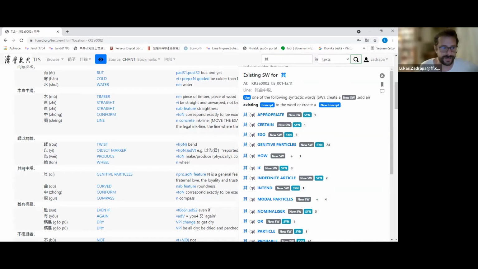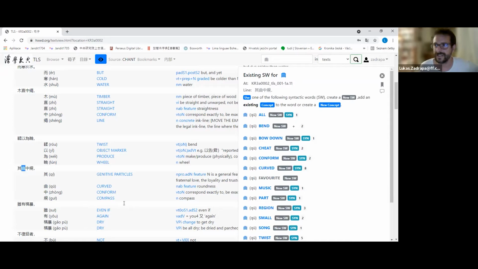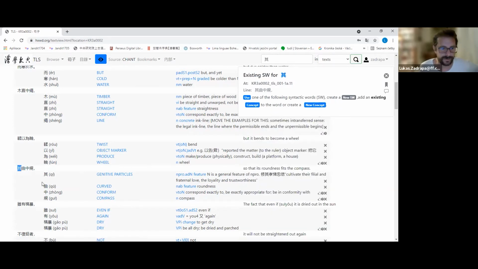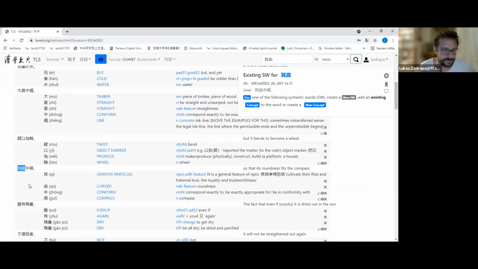In any case, this cannot be taken as an independent adjectival predicate, because we have this marker of some degree of nominalization, whether it is a very weak one, or we can translate it theoretically like "it's being round", which is a very slight nominalization, but also "its roundness", which is more natural here, so that its roundness fits the compass.